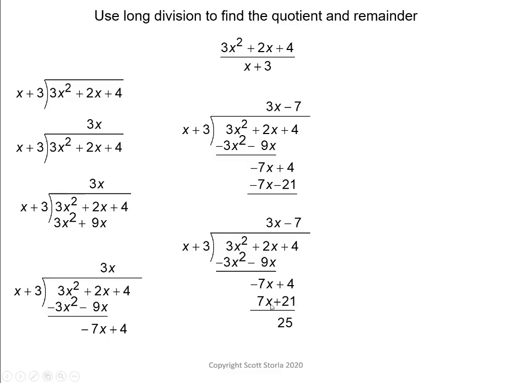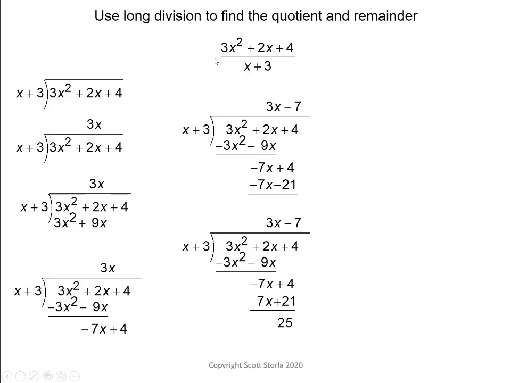And now when I add them up, this will go to 0, and this will go to 25. And you'll notice that the degree I'm left with is lower than the degree I started with. This was a first degree term, and I now have a constant, and that's when you can stop the process.